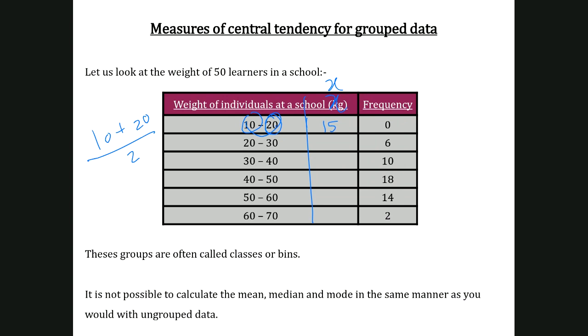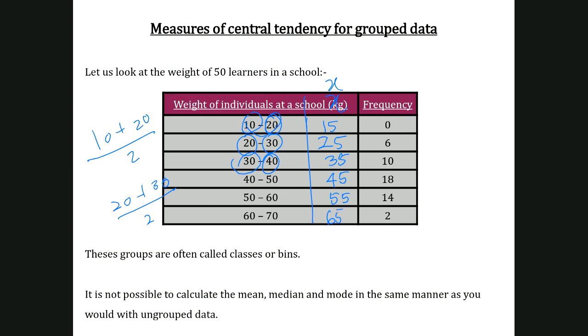Then 20 plus 30: your lower limit is 20, your upper limit is 30. That's 50 divided by 2, which is 25. Then 30 plus 40 divided by 2 is 35. Then 40 plus 50 divided by 2 is 45, then 55, and 65.